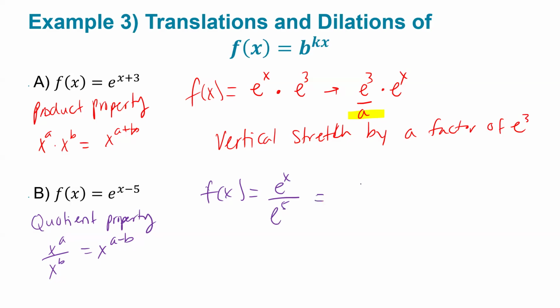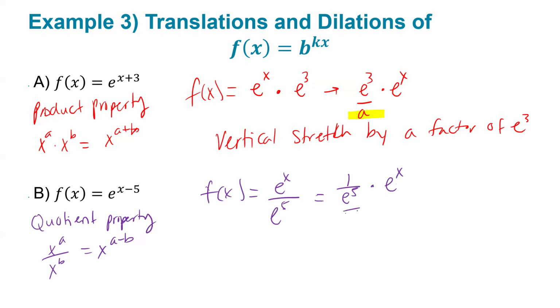What this means now is that my a is 1 over e to the 5 times e to the x. The goal is to get your e, your base, and its variable by itself. Because e is not a variable. E is a number. It's an irrational number, but it is a number.